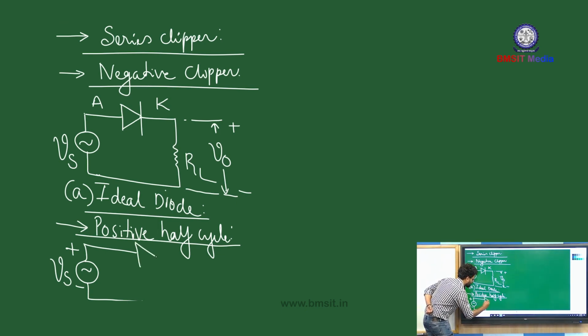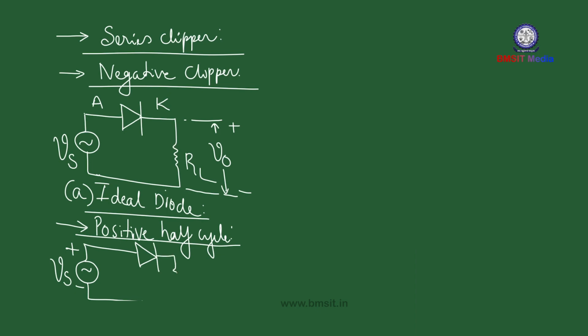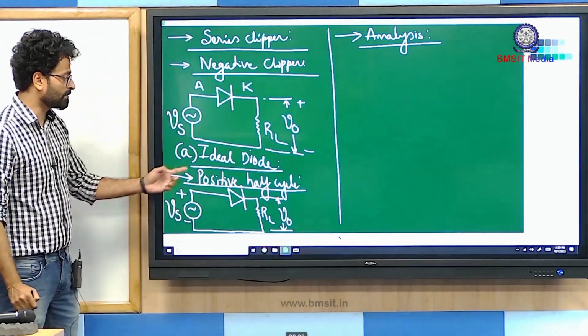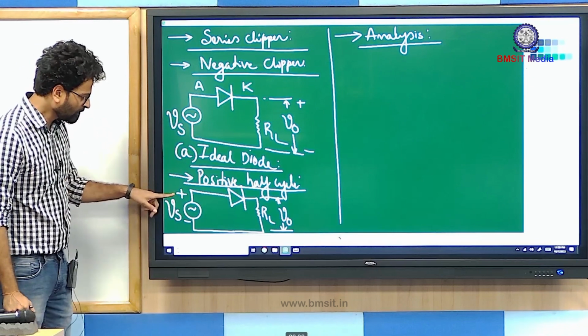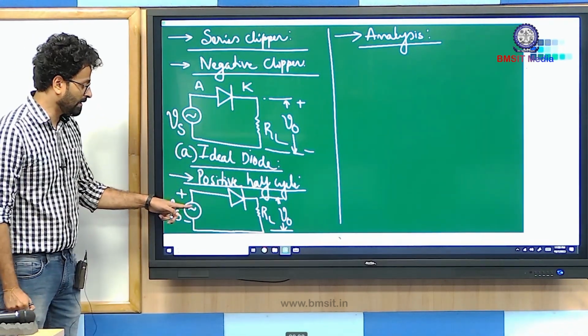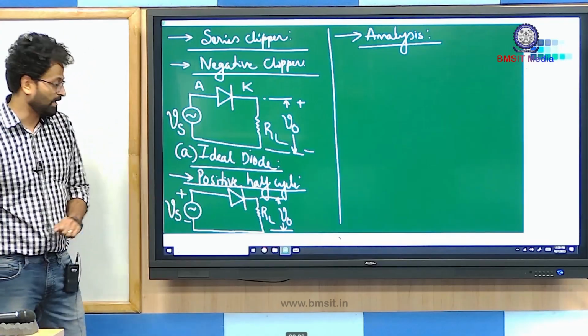And then comes the diode, and then the load resistor. And this is your output voltage. As you can see, during the positive half cycle, the upper side of Vs assumes positive polarity and the lower side of Vs assumes negative polarity.